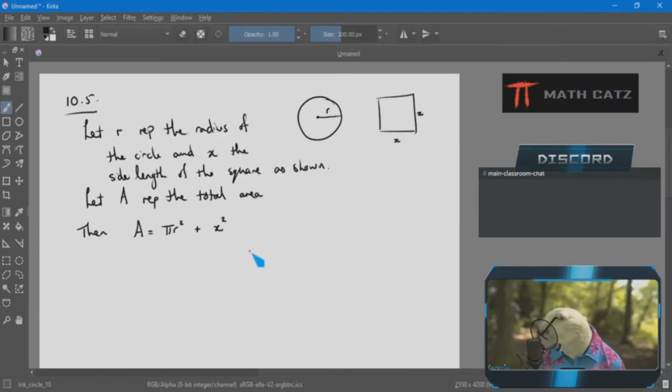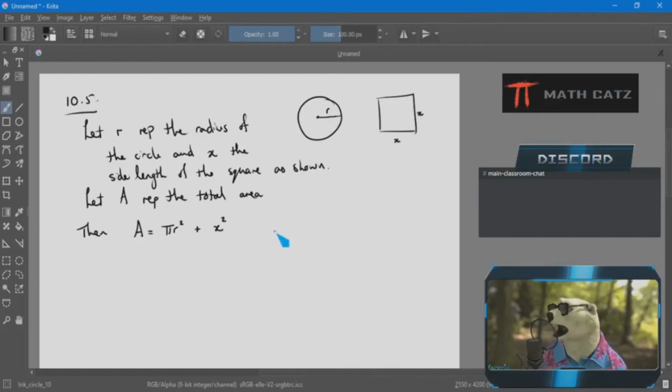So at this stage, perhaps, it might be useful to start thinking about practical restrictions on these two, r and x. This one is a little bit more complicated than 10.4. Now, it's not necessary that you have to think of it at this stage, but it's maybe the easiest when I have the variables and they're defined very clearly.